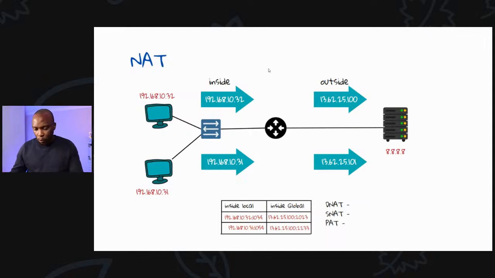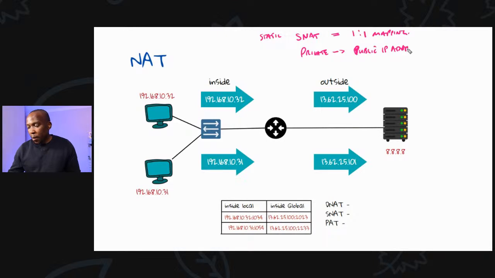When you talk about static NAT, also known as SNAT, the S stands for static. This is basically a one-to-one mapping. And what do I mean by one-to-one mapping? It means that for every private IP address that needs to go to the internet, you need one public IP address.